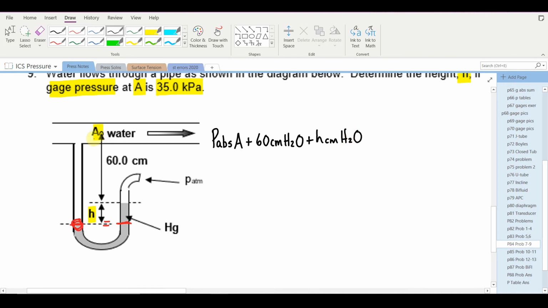That's the total pressure at this point, which is getting kind of messy here. And that's equal to the pressure on the right-hand side right here. What is the pressure at that point? Well, it's equal to h centimeters of mercury plus atmospheric pressure.